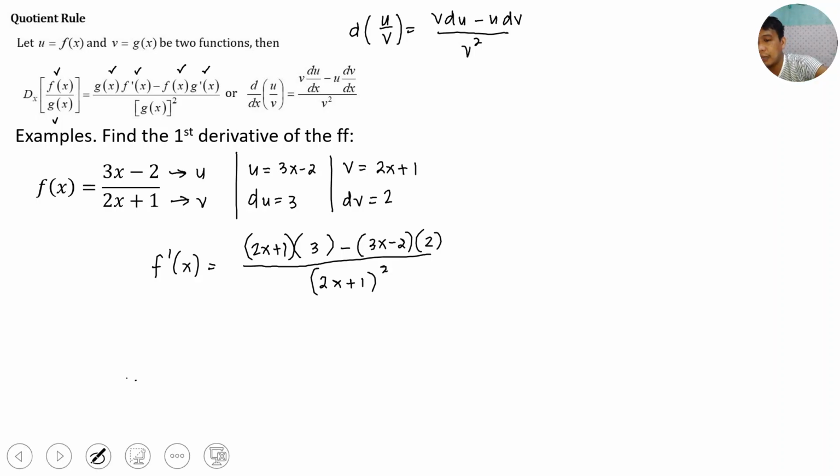So again, ang ginamit lang nating formula, this is your v, this is your du, minus, this is your u, this is your dv, over v raised to the second power.